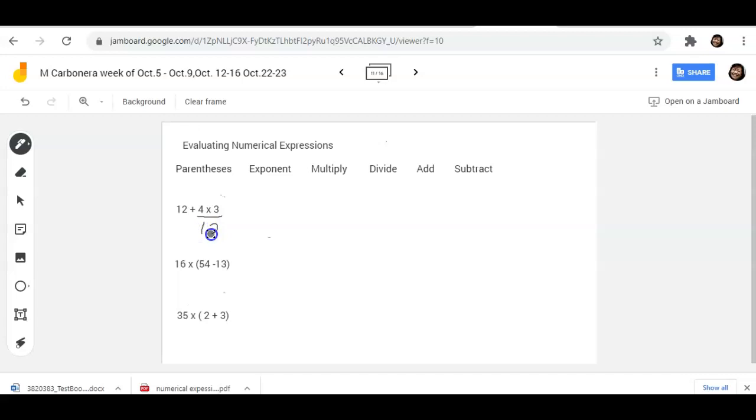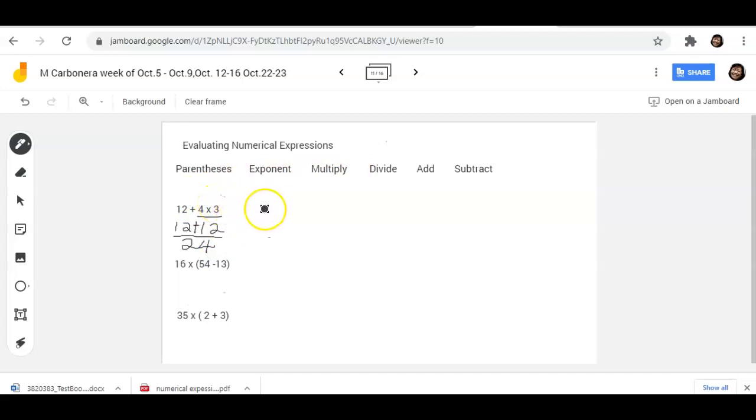And then you are going to bring down the 12 and the plus sign. And finally, you have 12 plus 12. So what is 12 plus 12? It is 24. So therefore, the value of the expression 12 plus 4 times 3 is 24.